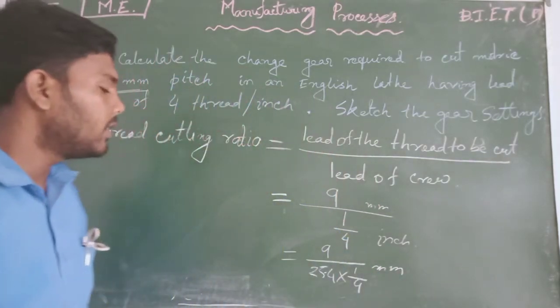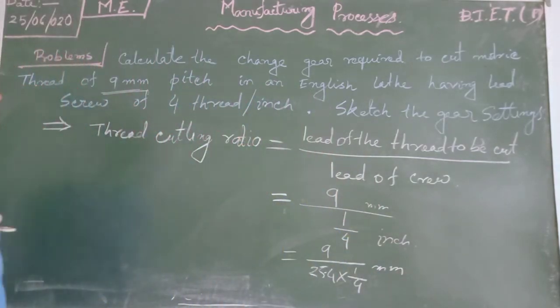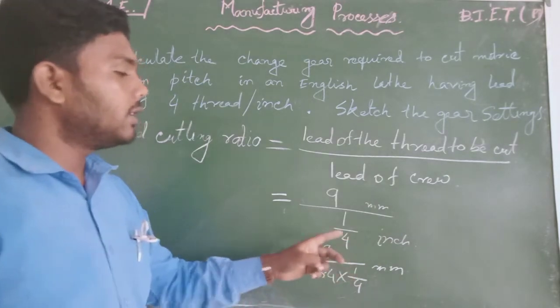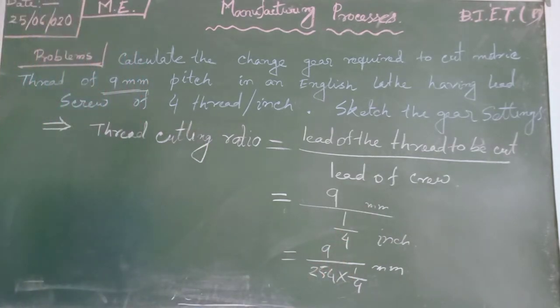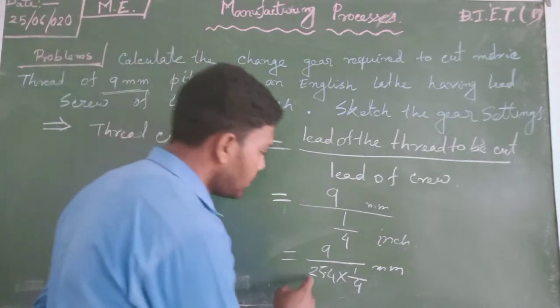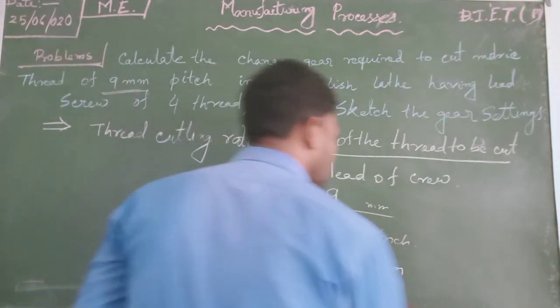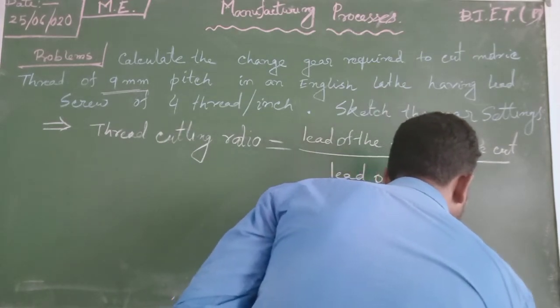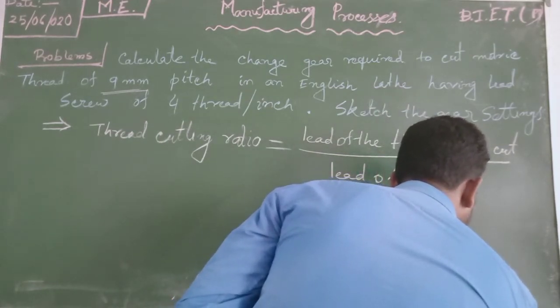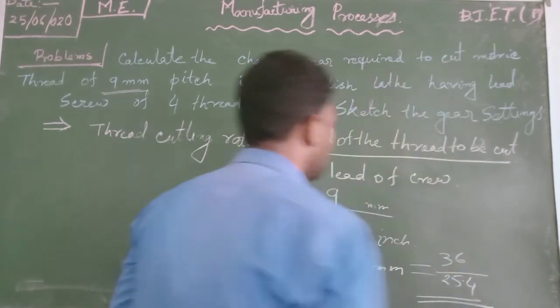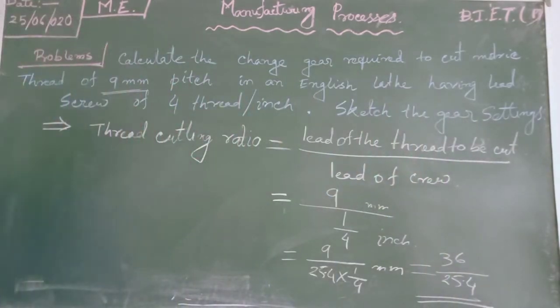To convert inch to millimeter, the value is multiplied by 25.4. So 36 by 25.4 is the thread cutting ratio.